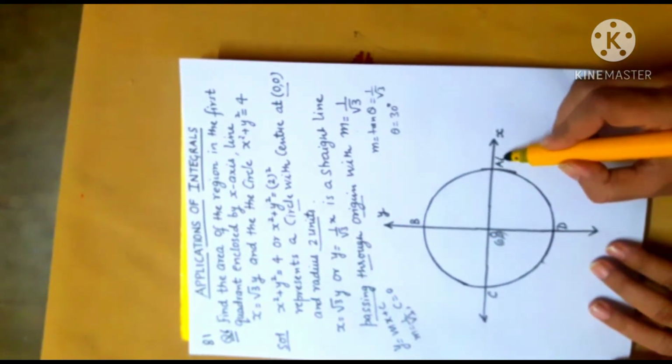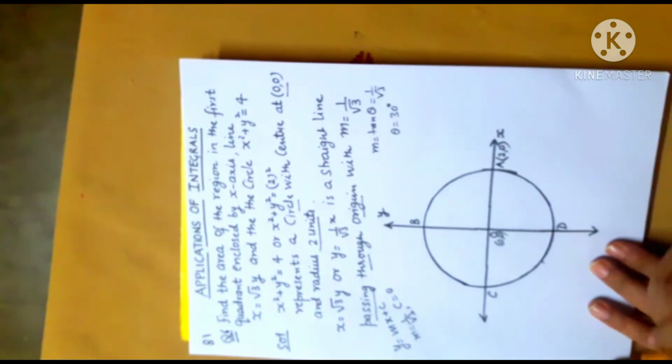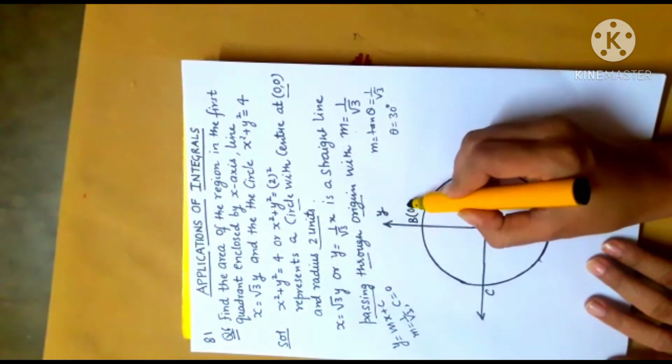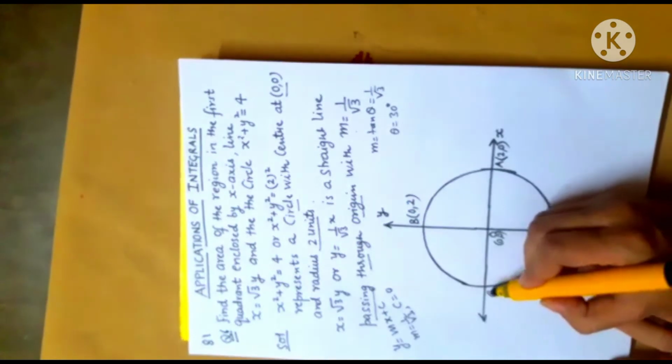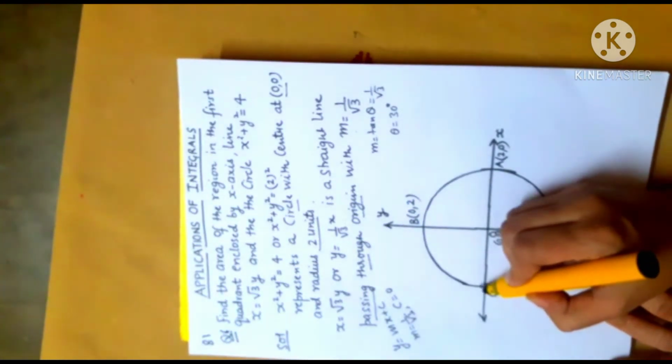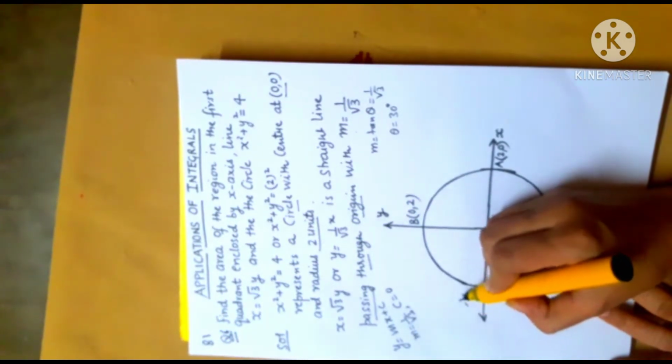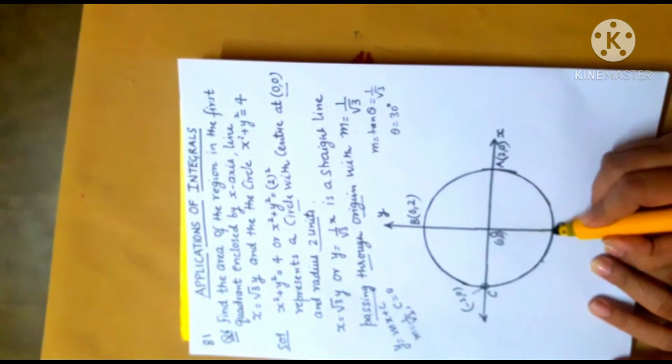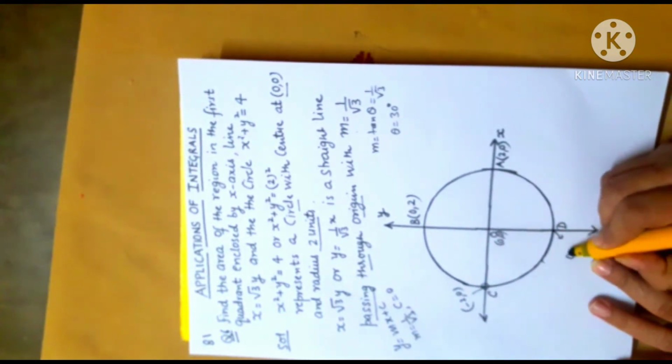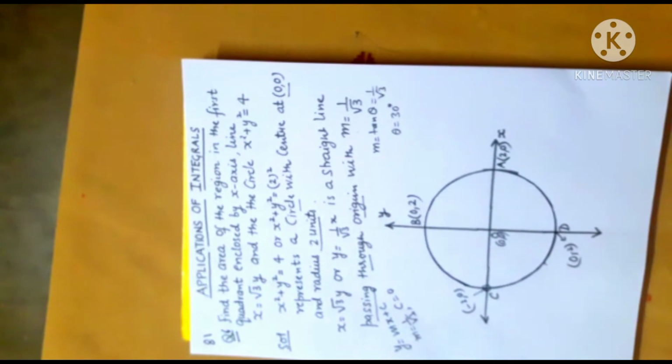So coordinates of the point A will be 2, 0. This will be 0, 2. This point C will be minus 2, 0. And this point D will be 0, minus 2. Right?